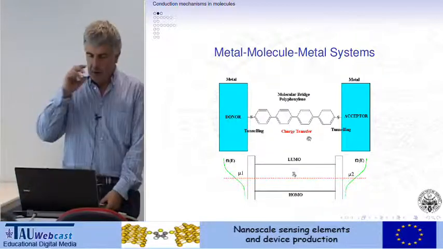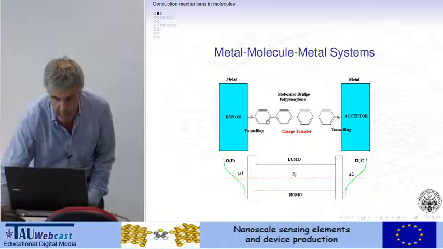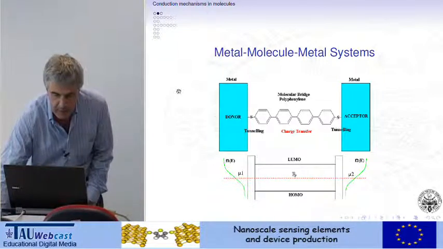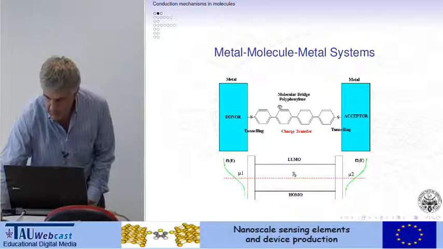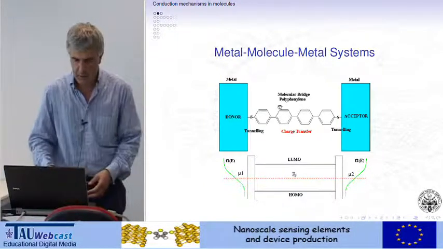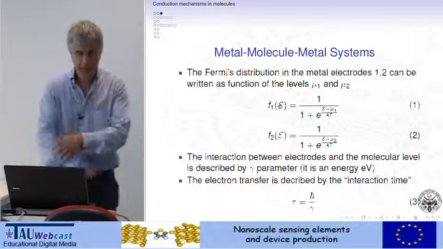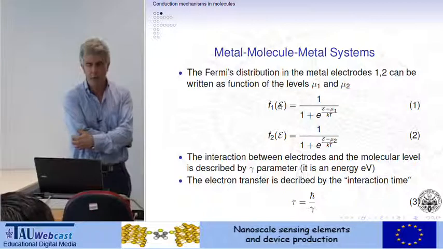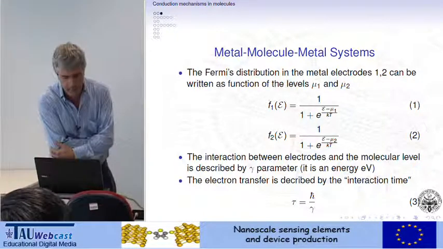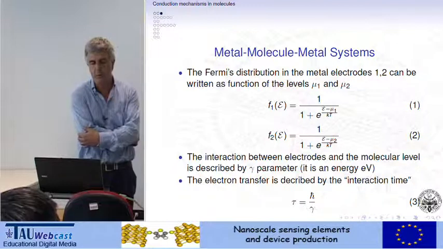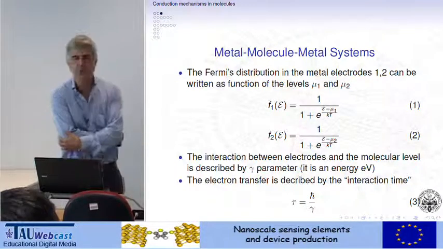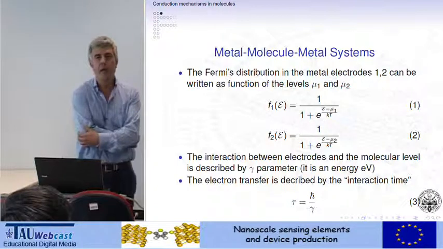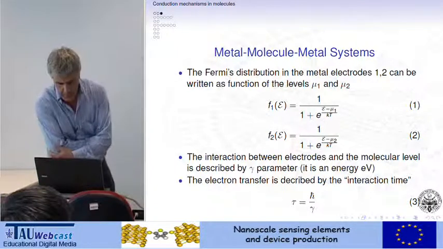But now we can try to apply some simple ideas to this system. The ideas are based on 2 equations. Here we have the Fermi distribution for the electrode 1 and for the electrode 2, F1, F2. Each one is characterized by a Fermi level, μ1 and μ2, and by the temperature.